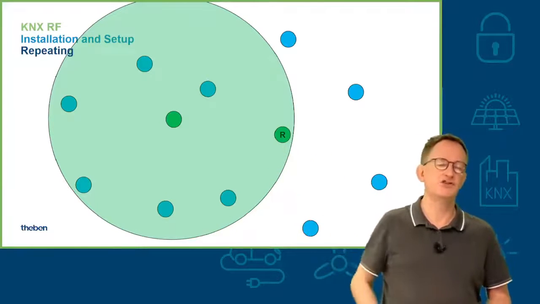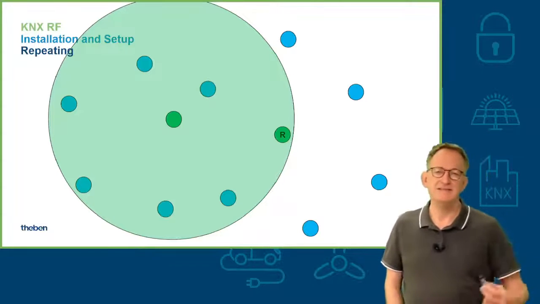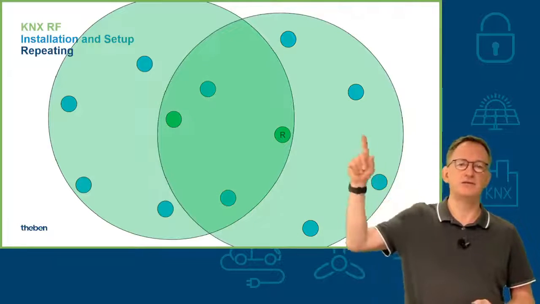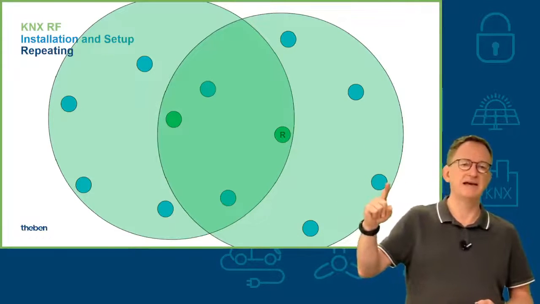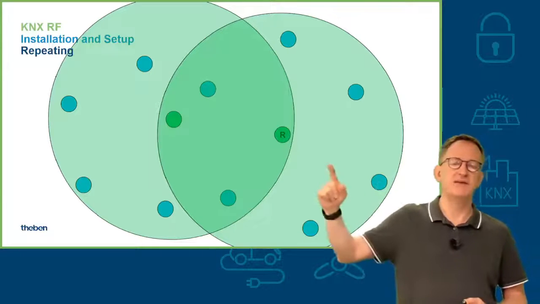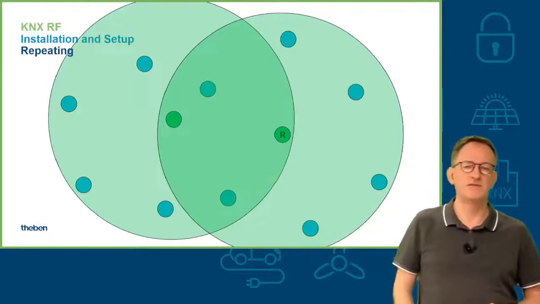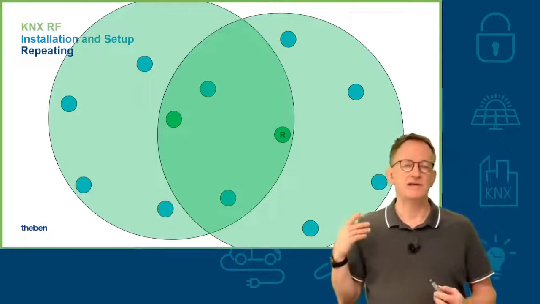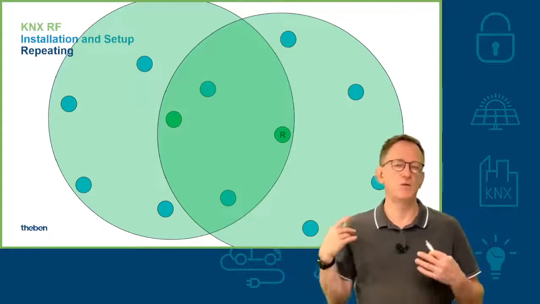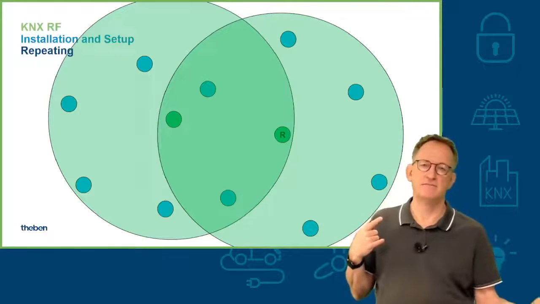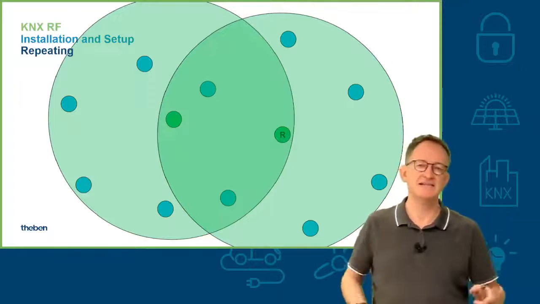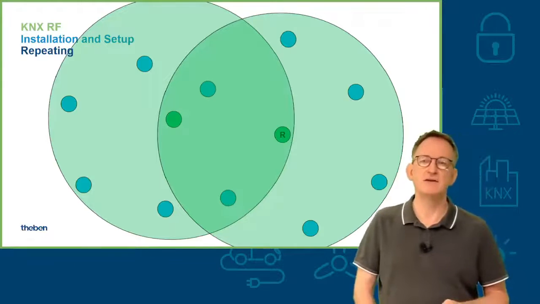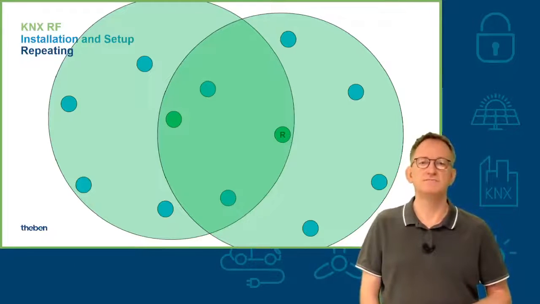The repeater will resend all the telegrams from himself, and so he has its own detection range, and now it's possible that this device will also get the telegrams from the media coupler. That's the idea. Repeating just means that what the repeater hears on one side, he will send out, and vice versa. Nothing else, all the telegrams which belong to that domain. That's what the repeater will do.